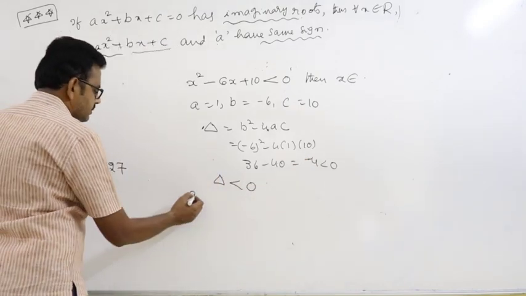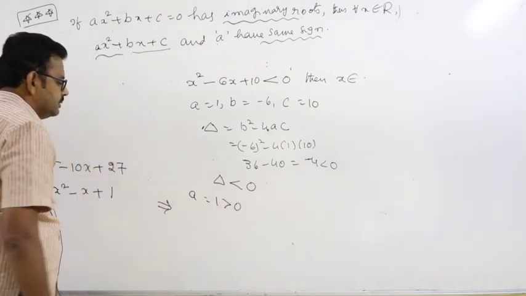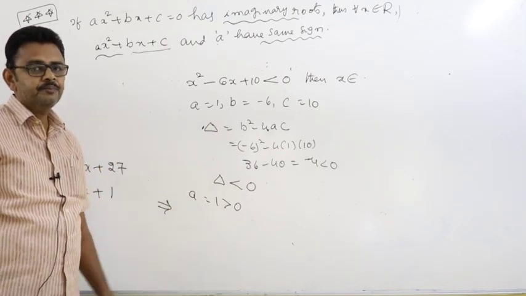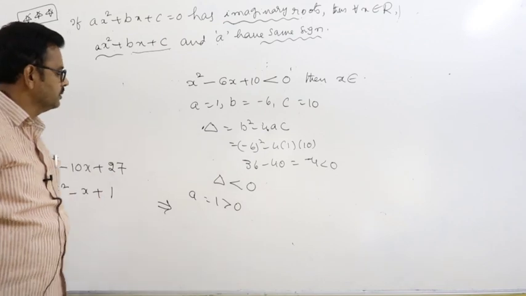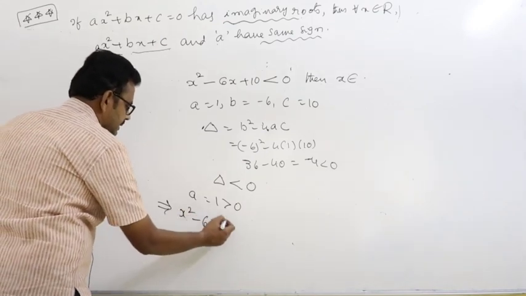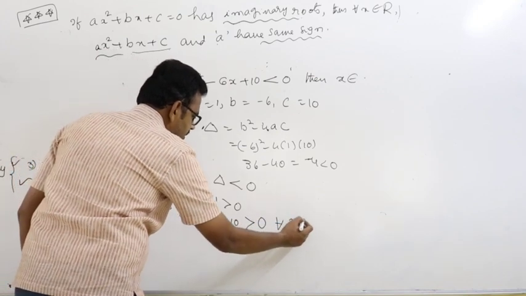And a is 1, greater than 0. With delta less than 0, the expression is completely positive or completely negative, depending on a. A is 1, which is positive, which implies x square minus 6x plus 10 is greater than 0 for all real values of x.